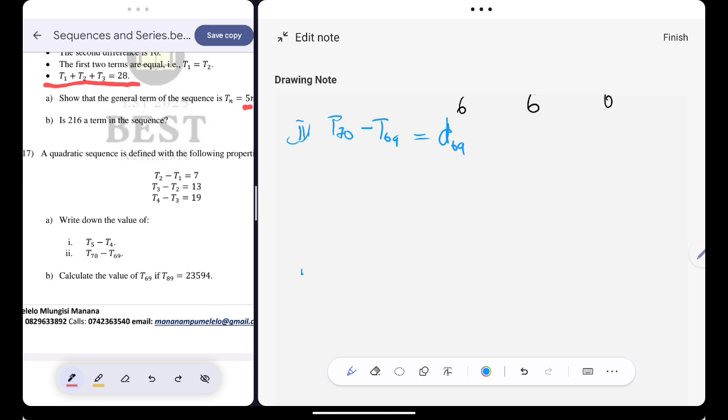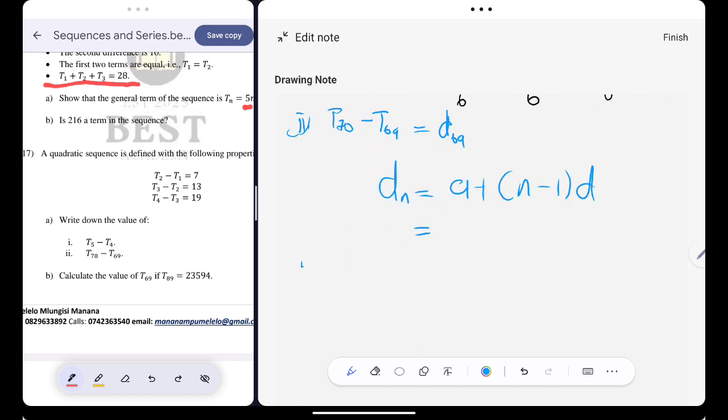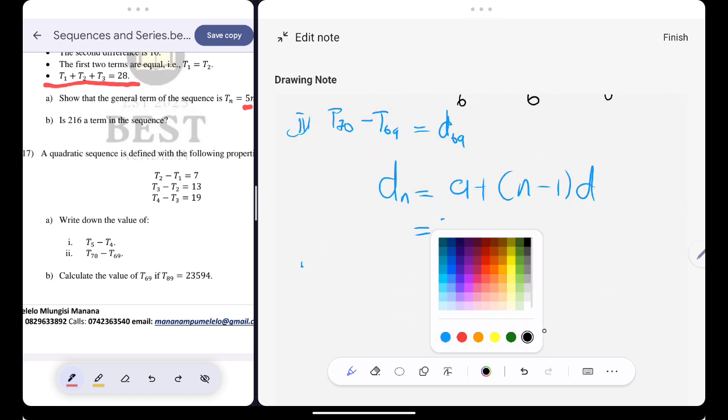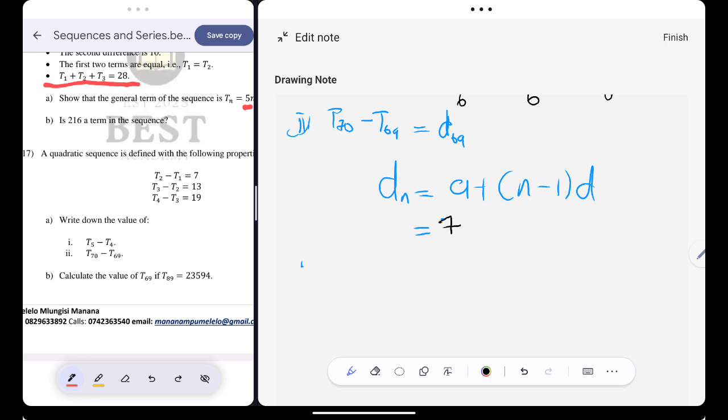So therefore we can conclude that Tn, let me call it Dn because we are dealing with the difference, Dn is equal to a plus n minus 1 d. The value of the first term of the first difference is 7.